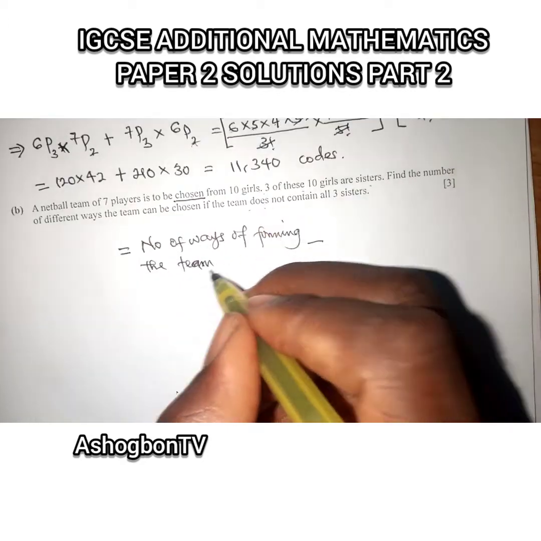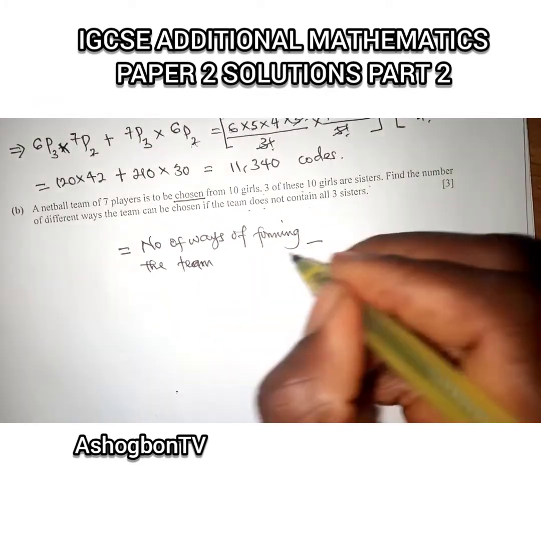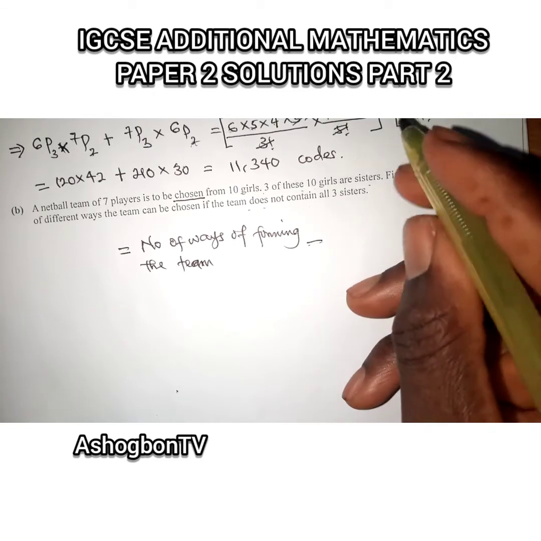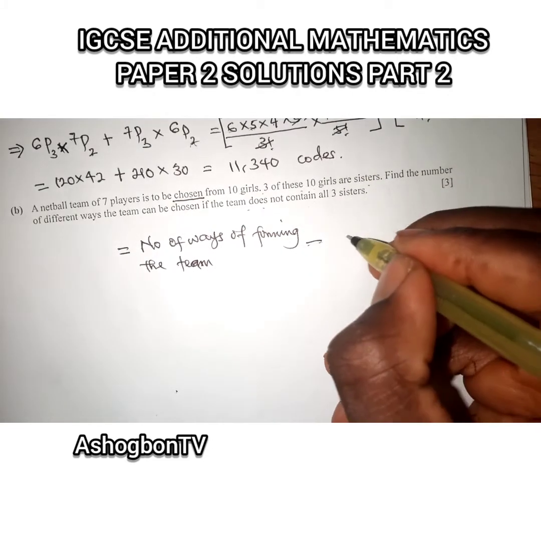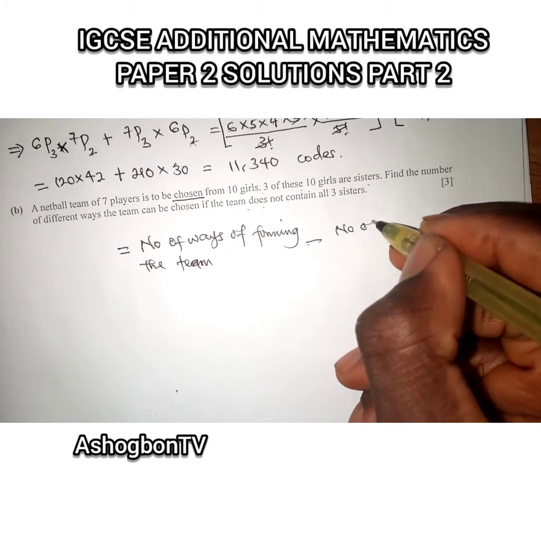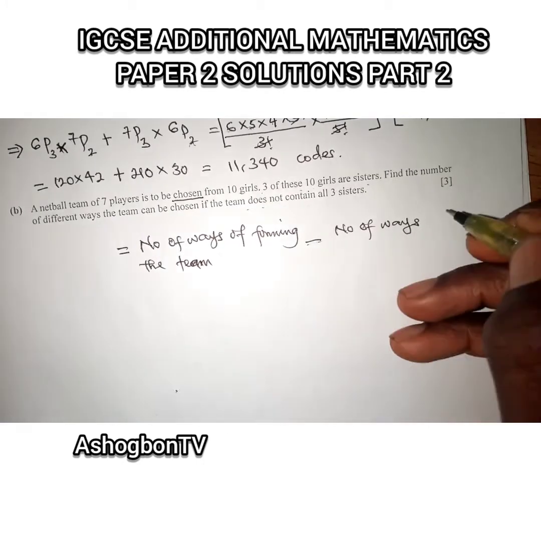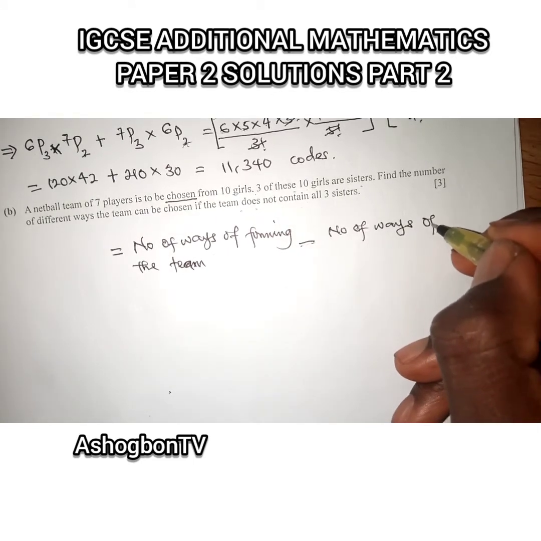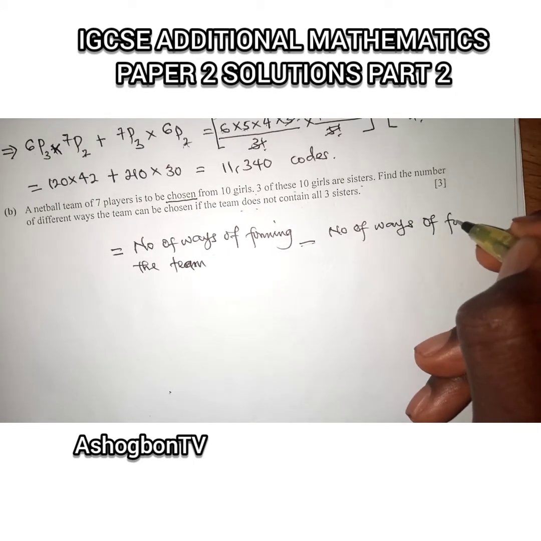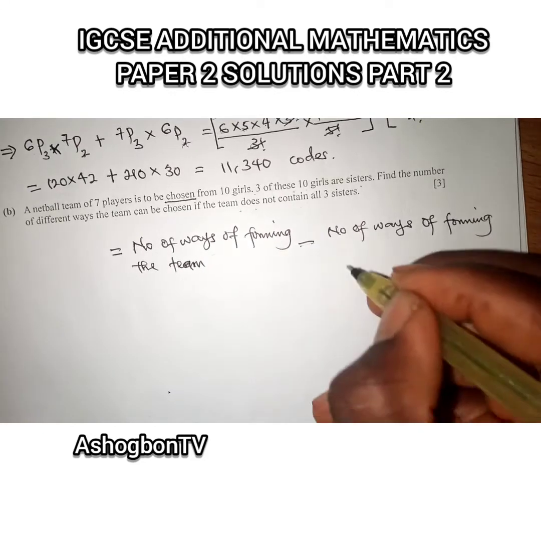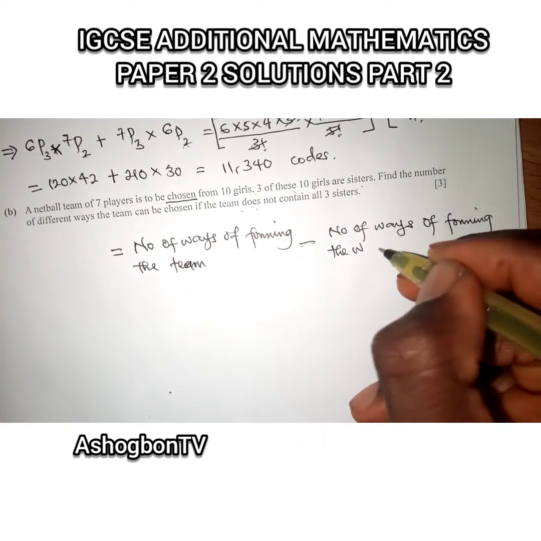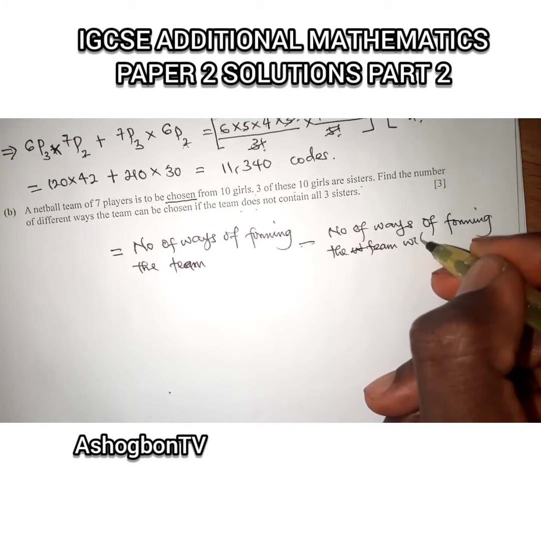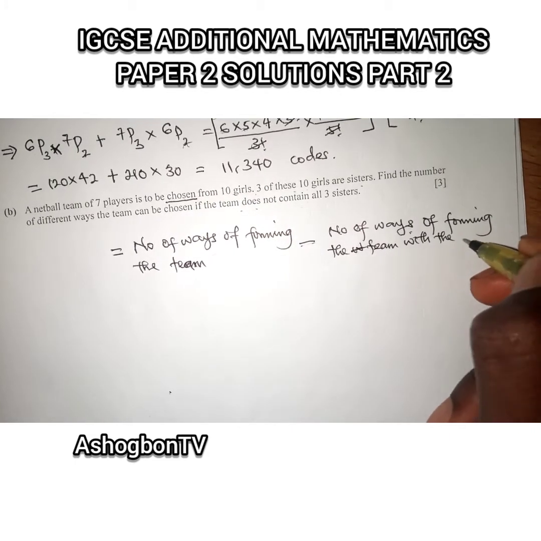with all 10 girls will be minus when the 3 sisters are there. So we just say number of ways of forming the team with the 3 sisters.